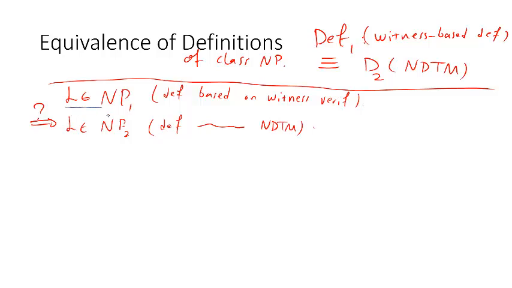When L belongs to NP based on the witness relation, we already know that there exists a verification process BL such that X belongs to L if and only if there exists a witness of at most a polynomial length, such that X and the witness together are accepted.